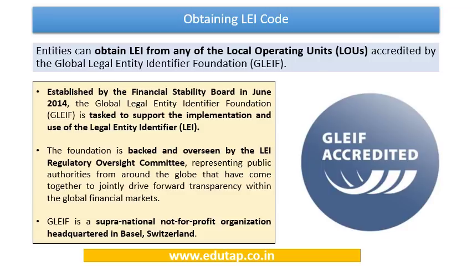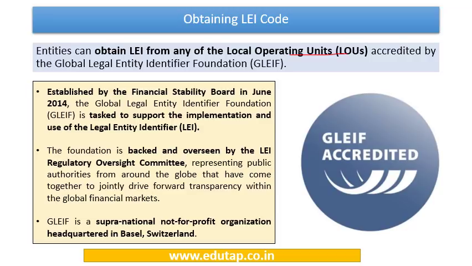Now, how can entities obtain this LEI code? Entities can obtain this code from any of the LOUs. If you remember, LOU was mentioned in the structure also. LOU stands for local operating units. So if you have to obtain a legal entity identifier, you can obtain it from any of the local operating units which have been accredited by the Global Legal Entity Identifier Foundation.